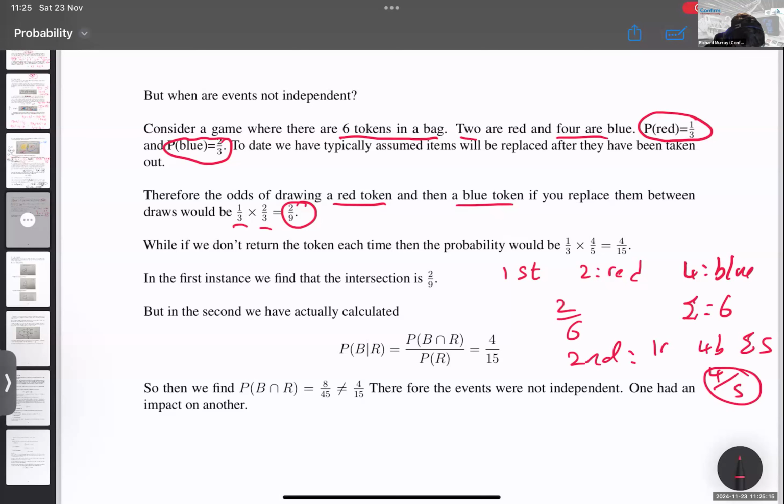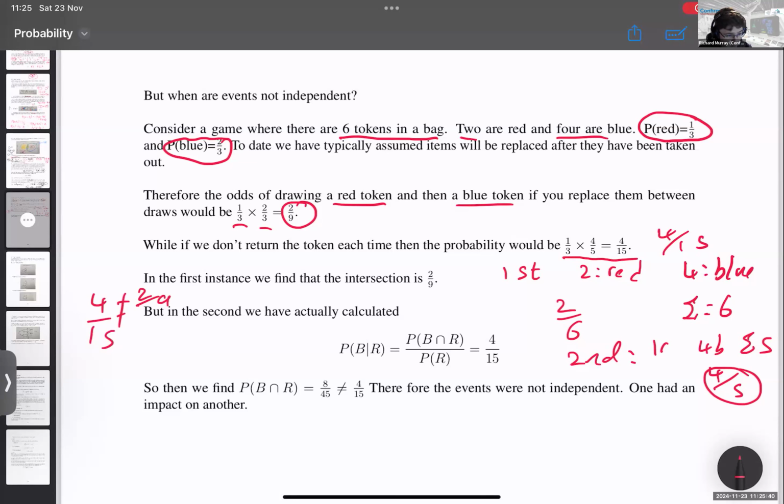So we see then that multiplying these together, we have 1 over 3 times 4 over 5 is 4 over 15. 4 over 15 is not equal to 2 over 9, which means that the second version of the game is not an independent event.